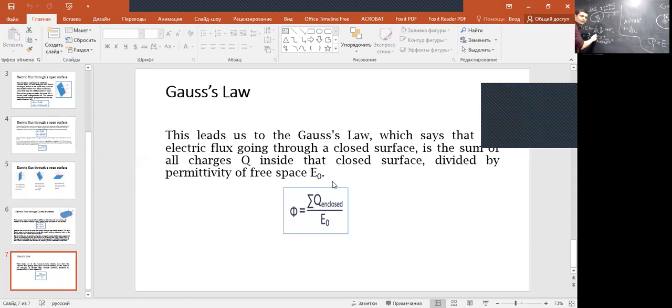So 25 divided by 8.85 is 2.8, so 2.8 multiplied by 10 to the 3 Newton meter squared per coulomb.